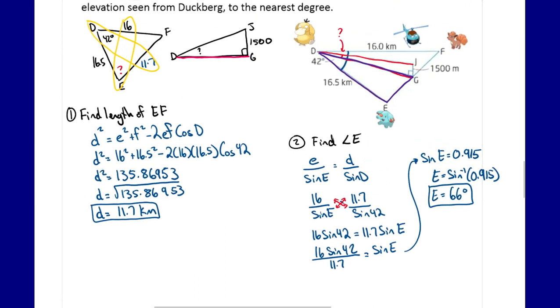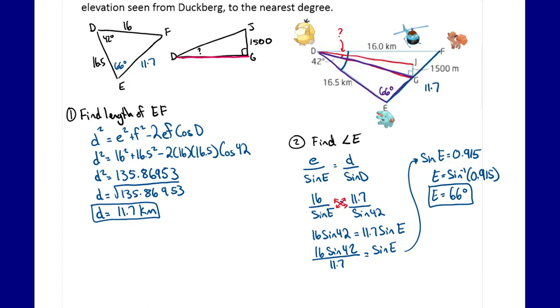So now, if we go back to our triangle, we can add in another piece of information, which was 66 degrees. I'm also going to add that into this purple triangle, just so we have an idea. We also have 11.7 for this entire length here.